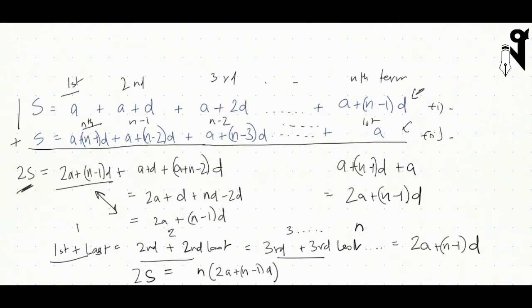This is what is equal to 2S. If 2S is given as n times (2a plus (n minus 1) times d), what is S going to be? I just have to take this coefficient 2 to the other side. I get n by 2 times (2a plus (n minus 1)d).